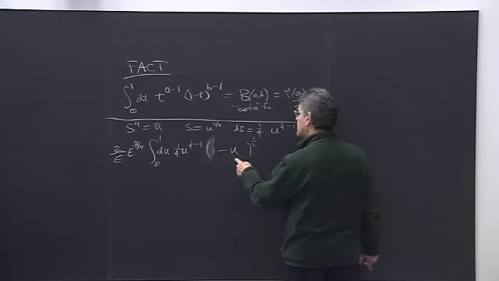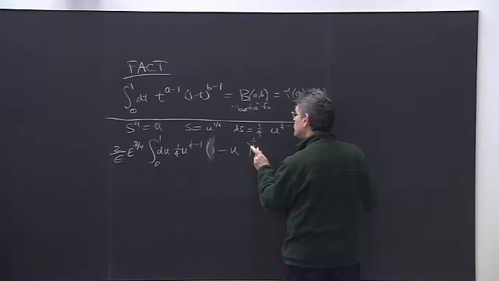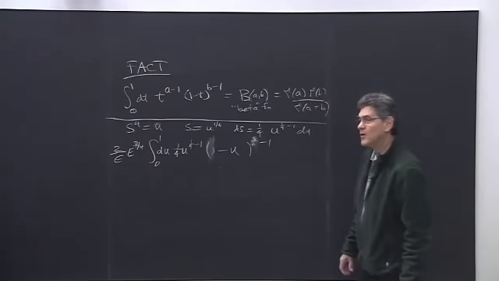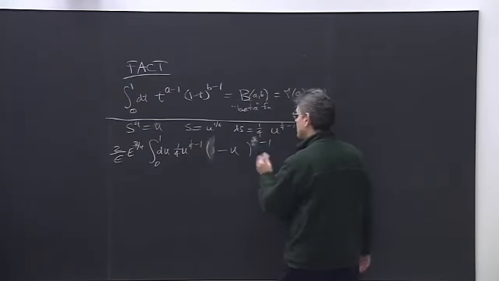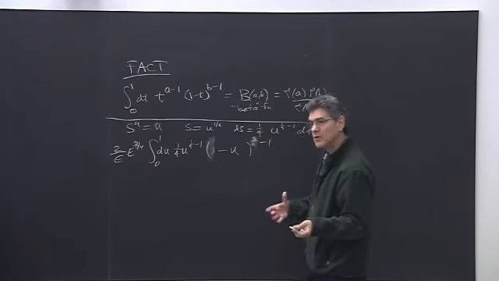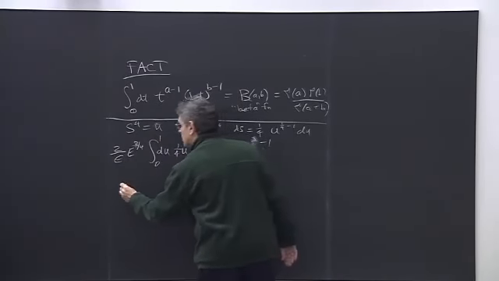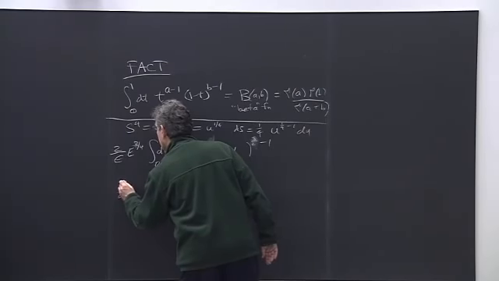So it's 1 minus u to the 1/2, but the natural way to write it is 1 minus u to the 3/2 minus 1. Because you see what we've got? 1/4 minus 1, 3/2 minus 1. Isn't that beautiful? So this becomes 2 times 1/4, which is just 1 over 2 epsilon, times e to the 3/4.